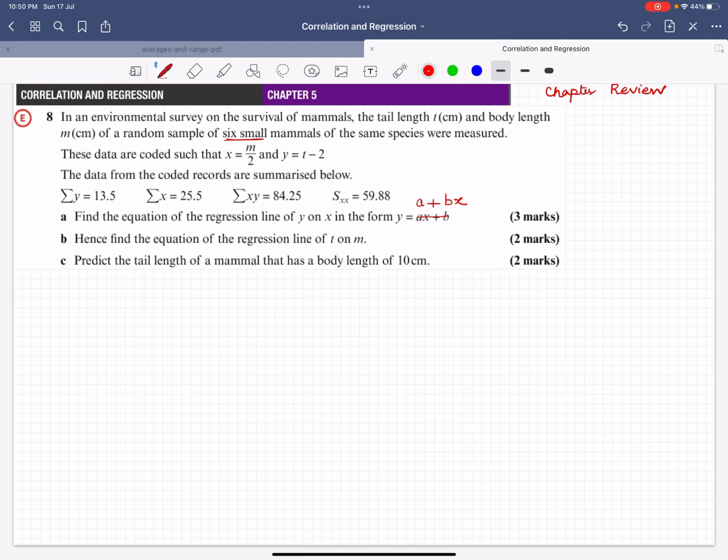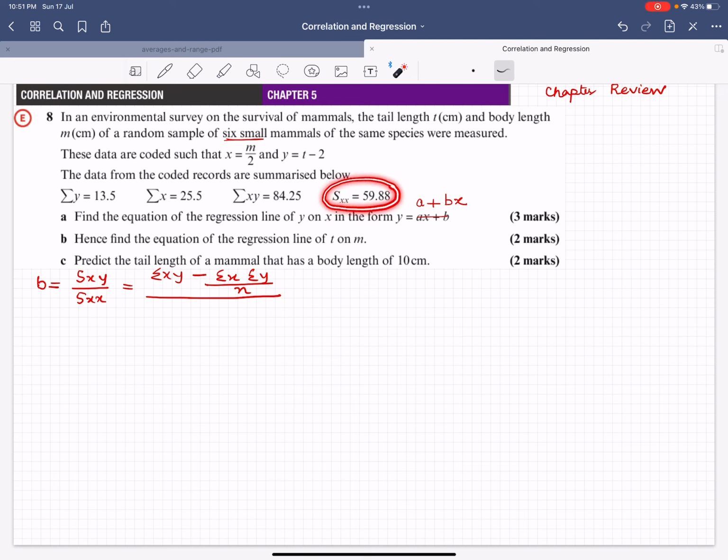So b is equal to, the formula for finding b is sxy divided by sxx. So now we move ahead and find sxy. We write the formula of sxy, that is sigma xy minus sigma x into sigma y divided by n, and sxx is already given in the question, so we don't need to calculate or write the formula.